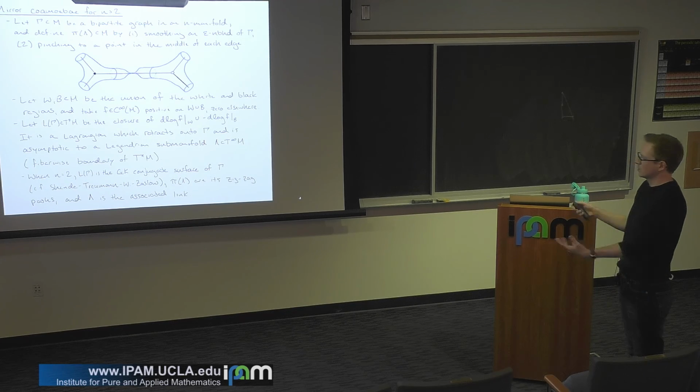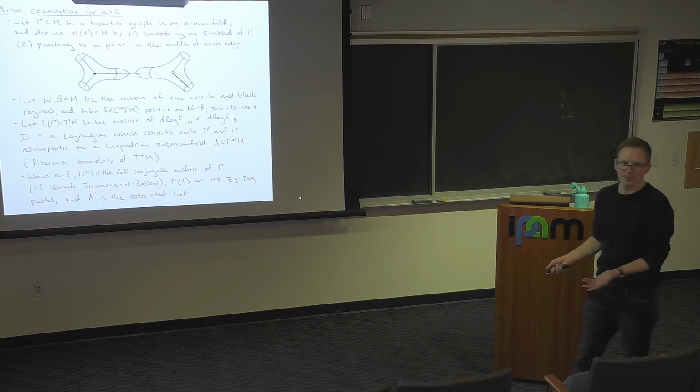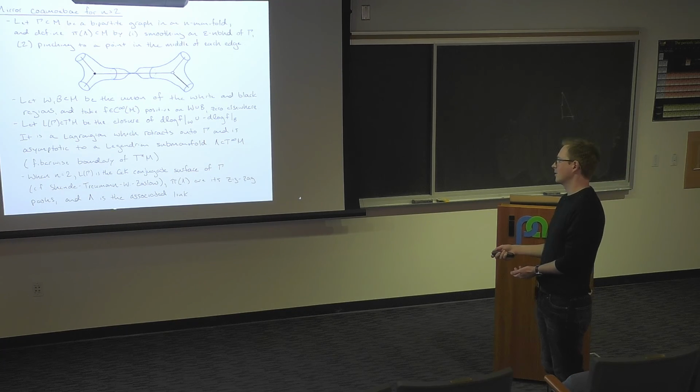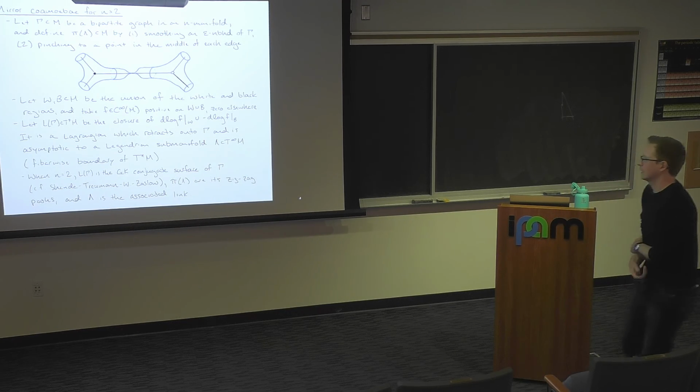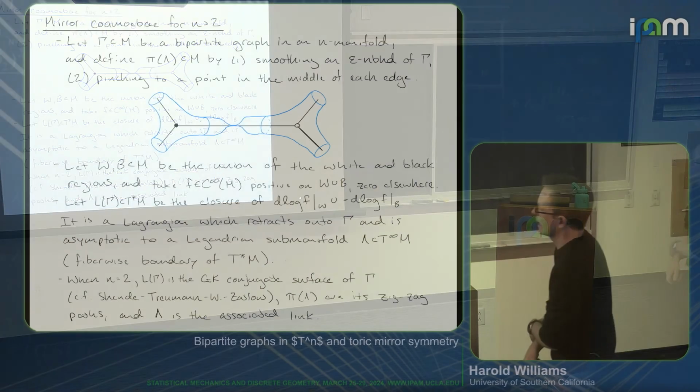Of course, when we're in dimension 2, this is a familiar construction. Then L of lambda is a description of this Goncharov-Kenyon conjugate surface. The fact that that surface embeds as a Lagrangian in the cotangent bundle was something we studied in some other joint work with Treumann, Shende and Zaslow.